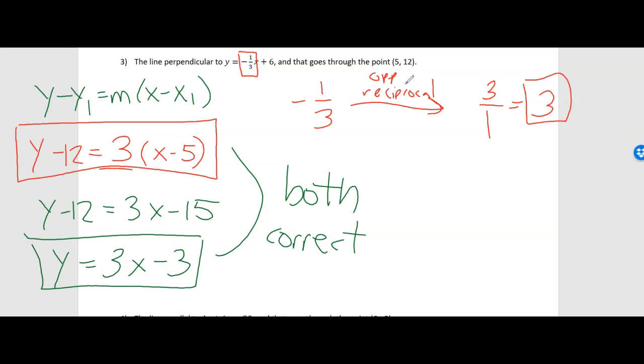But if you do what's needed, if you stopped at point-slope form, which was what's in red, because they don't tell you to go to slope-intercept form, you're good. You stop, and there's no chance that you lose any points for doing extra work that was incorrect. So it's good to know how to do it, but it's also good not to take a risk and lose points if you don't have to. All right, let's move on.